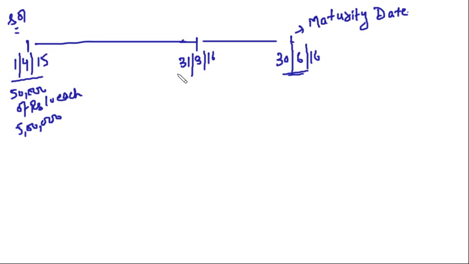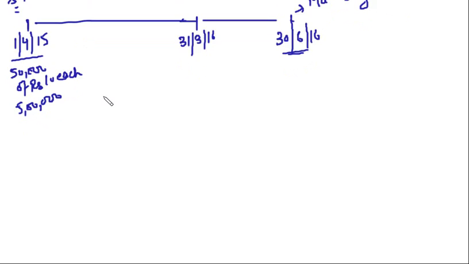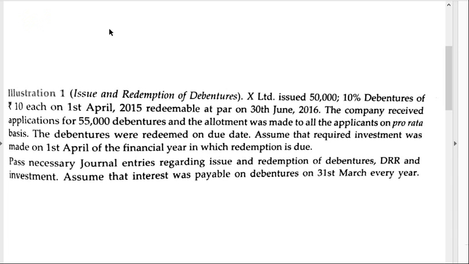Let us first start with the issue of debentures. They say the company received applications for 55,000 debentures and allotment was made on pro rata basis. So what is the first entry? Receipt of applications along with application money.